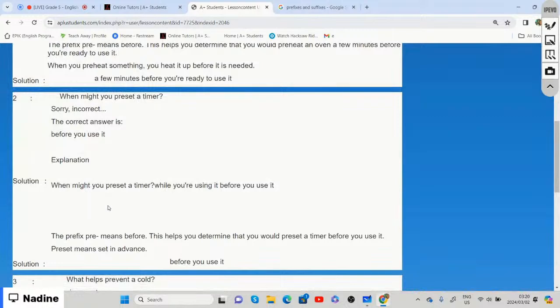When might you preset a time? So we preset a time.